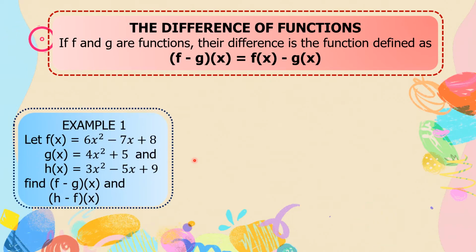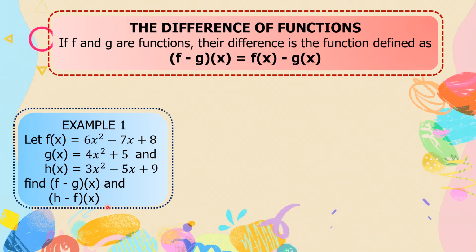So let's have example. Example number 1. Let f of x equals 6x squared minus 7x plus 8. G of x is equal to 4x squared plus 5 and h of x is equal to 3x squared minus 5x plus 9. Find f minus g of x and h minus f of x.